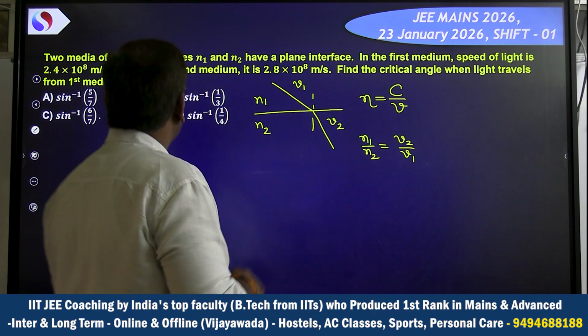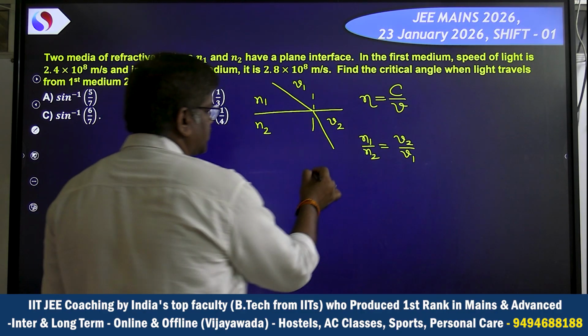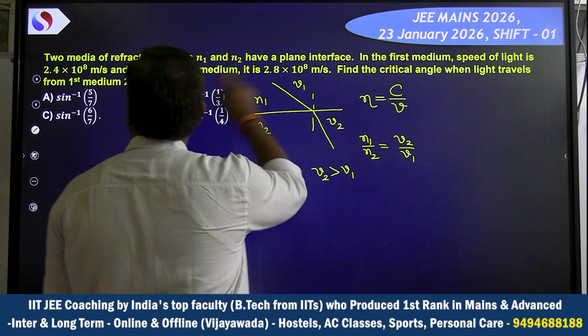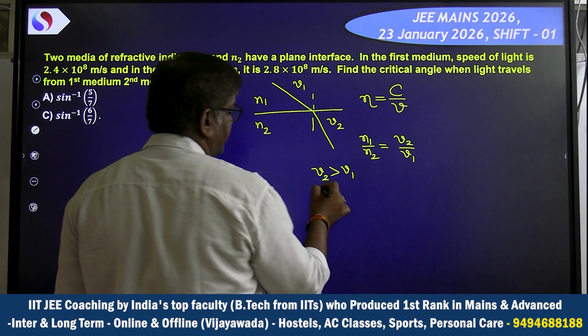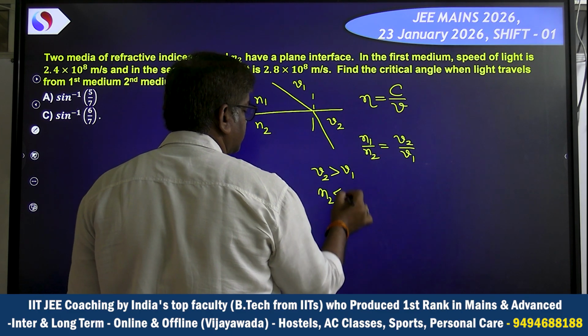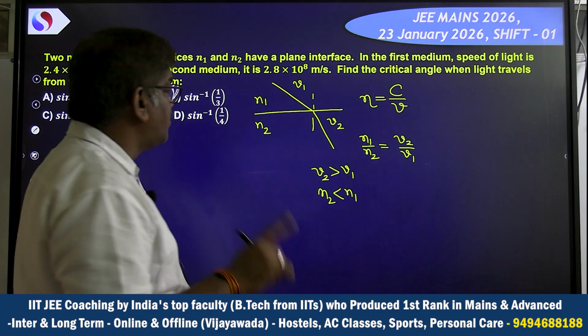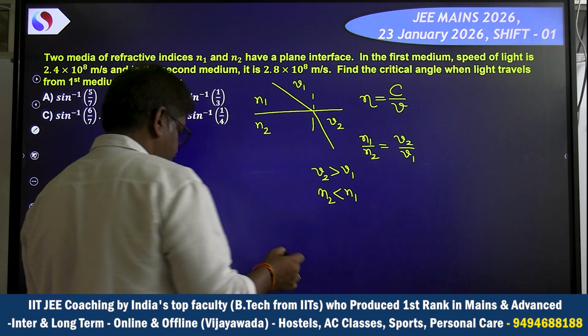Up here you have to see which velocity is more. Since V2 is more than V1, that means N2 is less than N1. So the denser medium is N1.